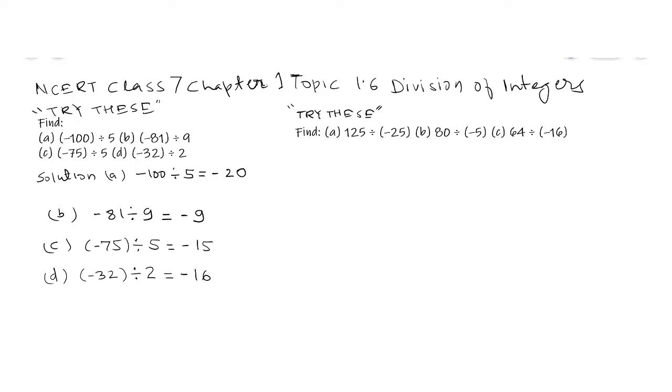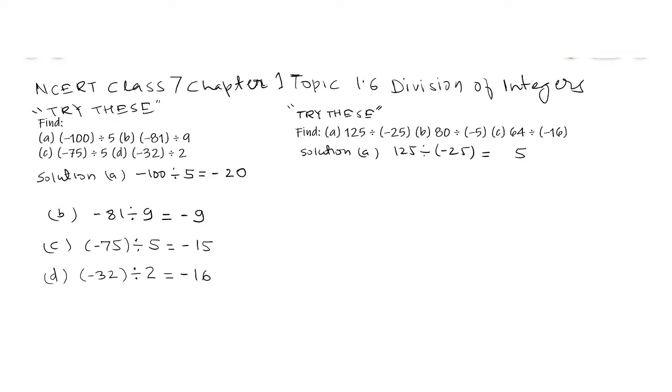125 divided by minus 25. So we solve this. When we divide 125 by 25 as whole numbers, we get quotient as 5. In the table of 25, 25 multiplied by 5 gives us 125.